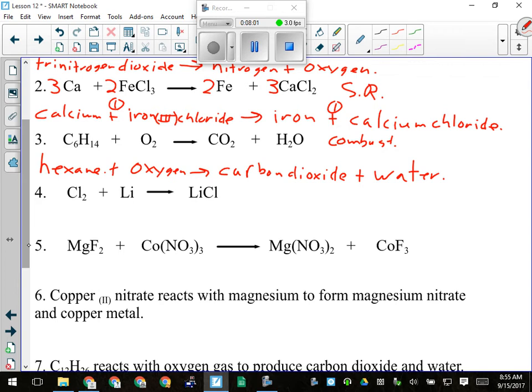That means I need to start the balancing with a 2. 2 times 6 is 12, so I need a 12 over here. 2 times 14 is 28, so I've got 28 hydrogens on each side. Now I can look at the oxygens. 12 times 2 is 24, plus 14 more is 38. 19 times 2 is 38.